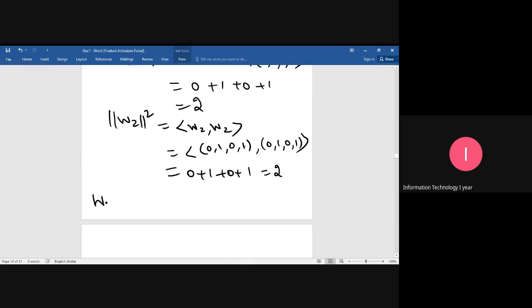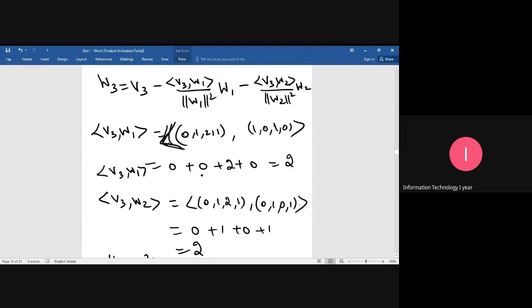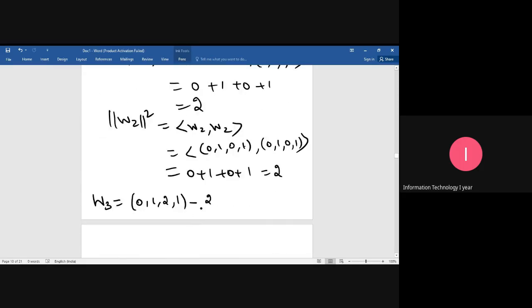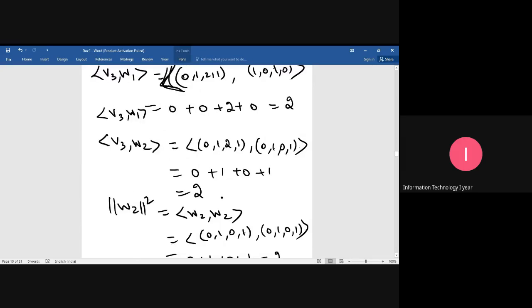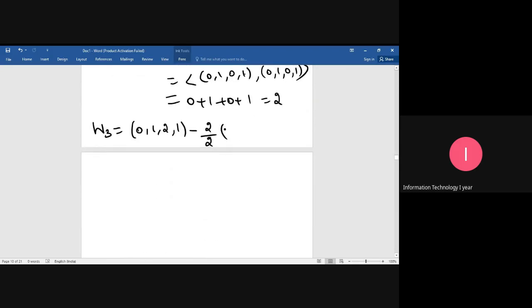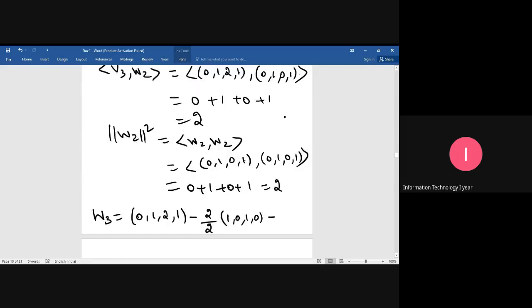Okay. So now write it as W3. W3 is equal to, formula says, V3 minus inner product of V3 comma W1. V3 comma W1, we calculated it is 2. So 2 divided by norm W1 square, which is 2, into W1 vector. W1 is actually 1, 0, 1, 0, minus inner product of V3 comma W2.